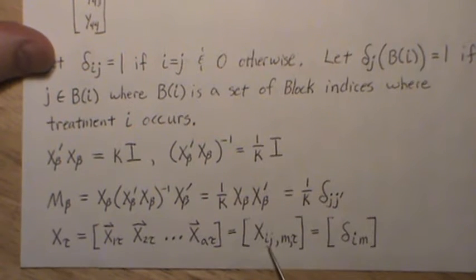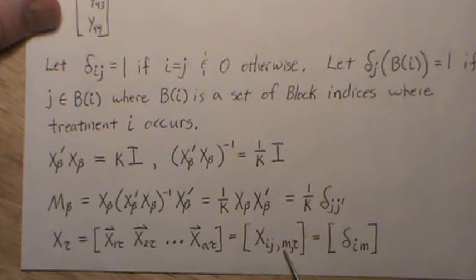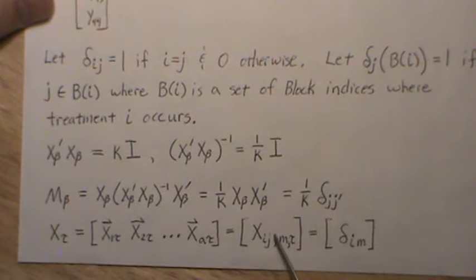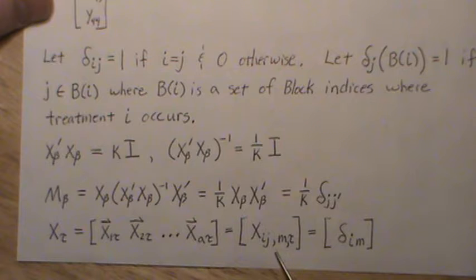So we index it ij, the first index tells us what row, and then m tells us what column, and the tau of course reminds us that we're in the X tau treatment. And so these are only 1s and 0s, and it happens to be a 1 when i is equal to m. So we can represent this matrix as delta im, depending upon what column we're in.